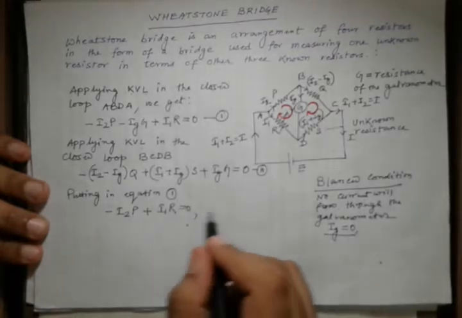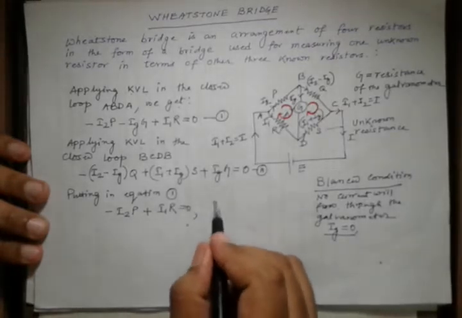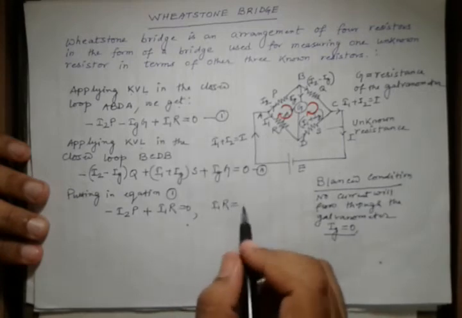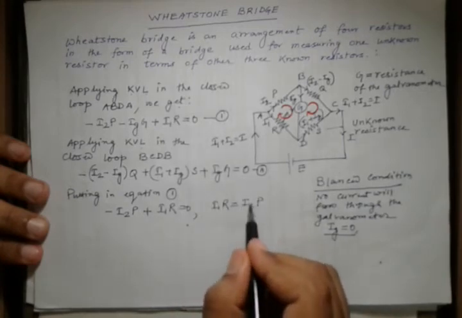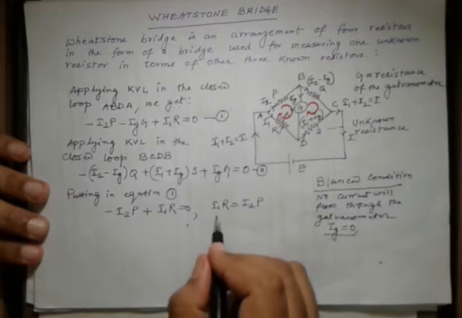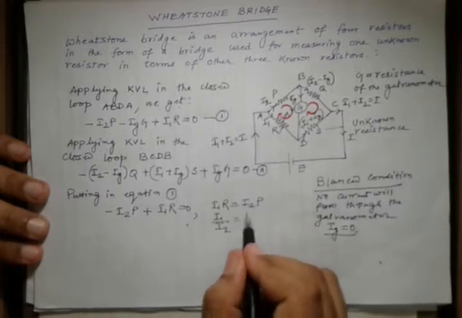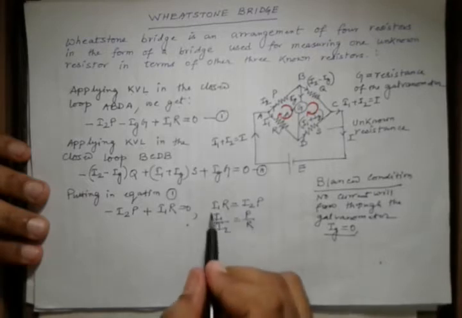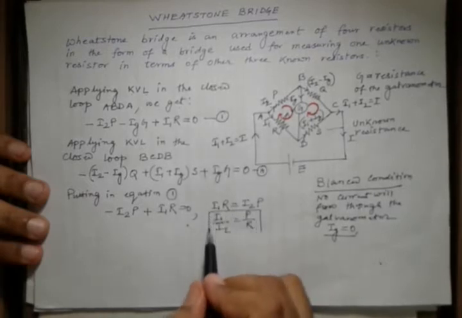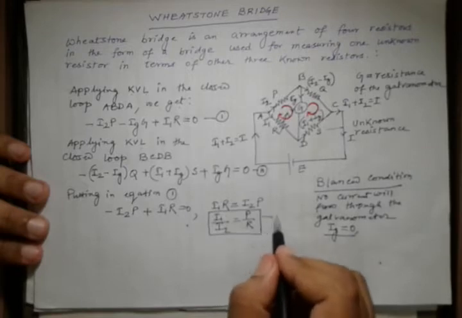Or you can write I1 R is equal to I2 P. So from here we will find the ratio: I1 by I2 is equal to P by R. So this is one ratio we got. This is equation number 3.